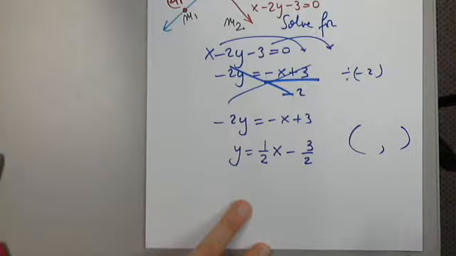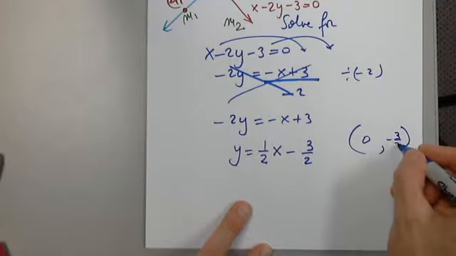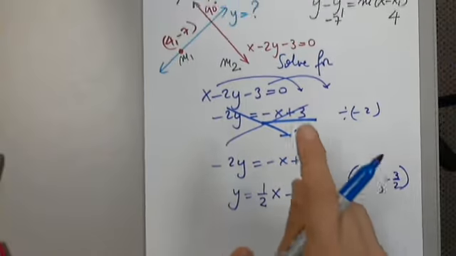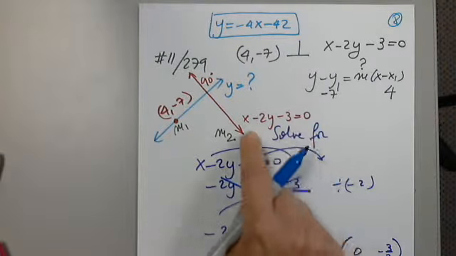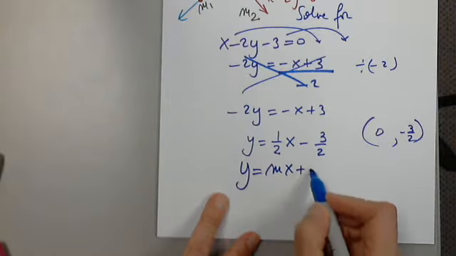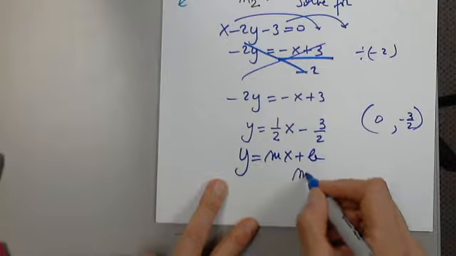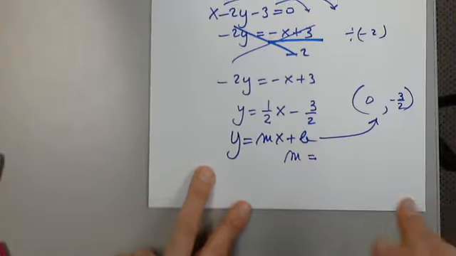Not that we need it now, but I just want to identify it. Do you all agree with 0, negative 3/2? So therefore, we could not conclude anything in the previous step. At this step, I have to present it as y equals mx plus b in order to identify the slope and identify the y-intercept. What is the slope now?